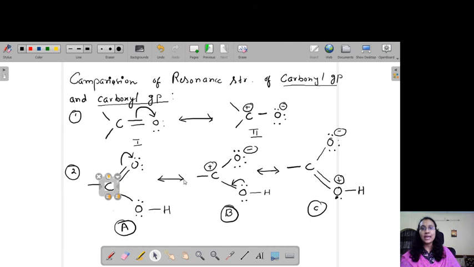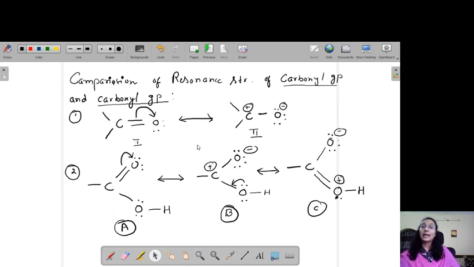In structure A and structure C, you can see the carboxyl carbon is electrically neutral. Okay. However, in case of the aldehydes and ketones, only one structure, that is structure 1, is electrically neutral, that is the carbonyl group.